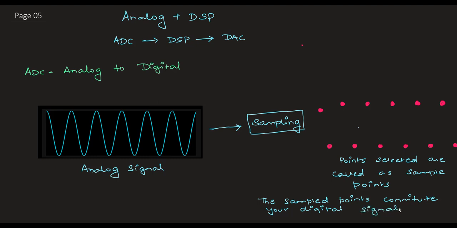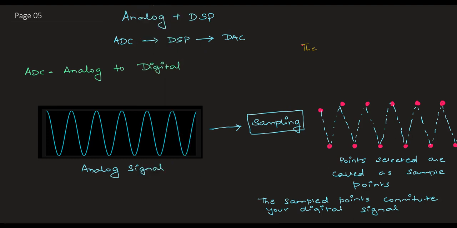Let us say I do something with this, and then the dotted lines that I'm drawing represent your digital to analog conversion. You see your output signal after the DAC looks almost close to your analog signal.